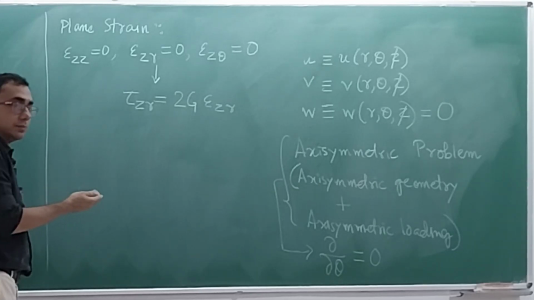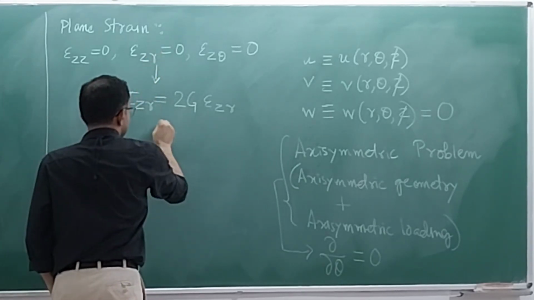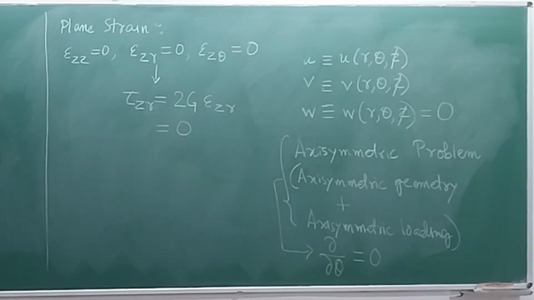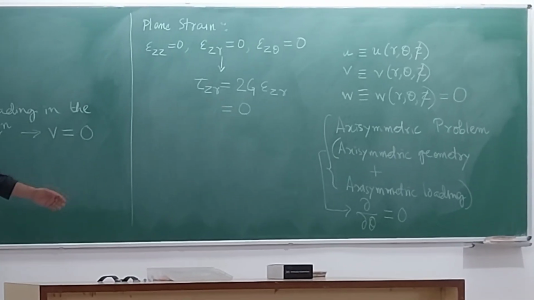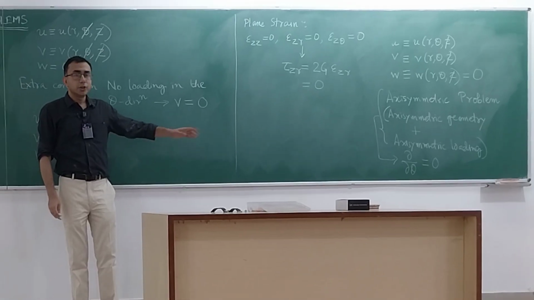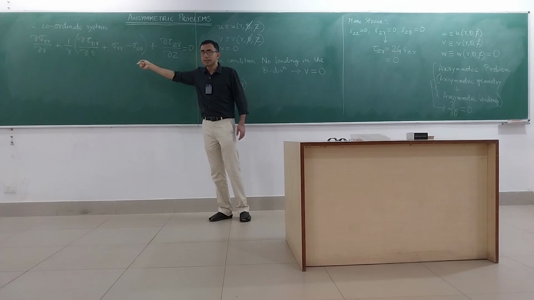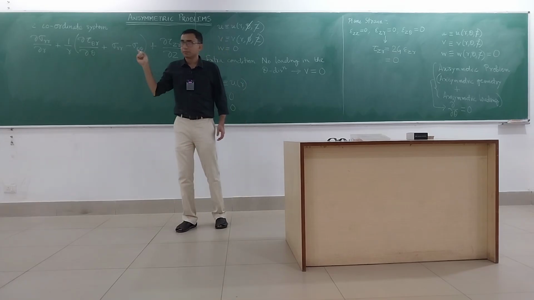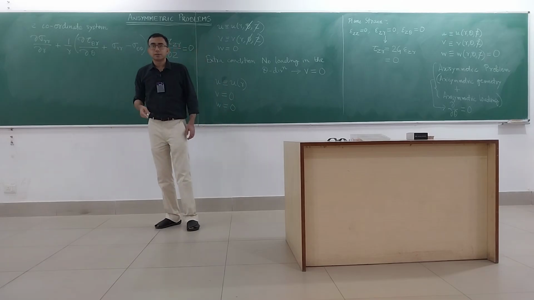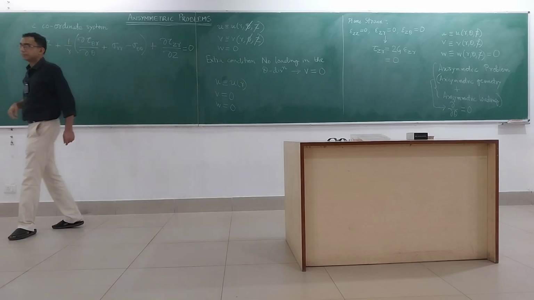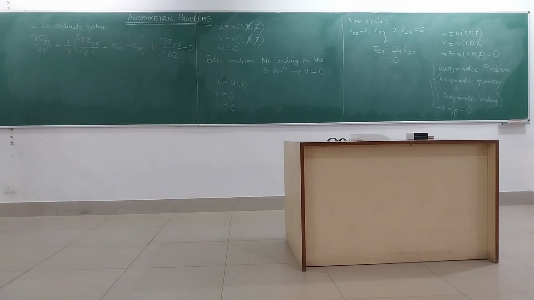Epsilon zr is 0. We have already said that. Therefore, tau zr is 0. What is the consequence of this? I have the luxury of writing on this very wide board. You write back these equations again. Everyone, in your copy, write: considering this equation again.